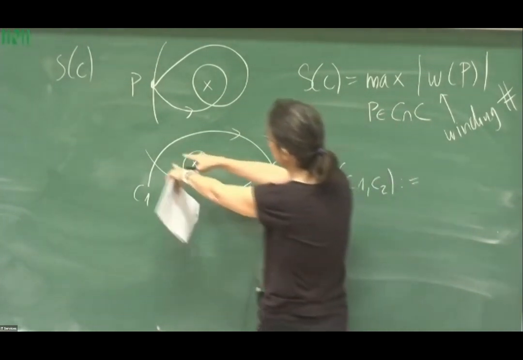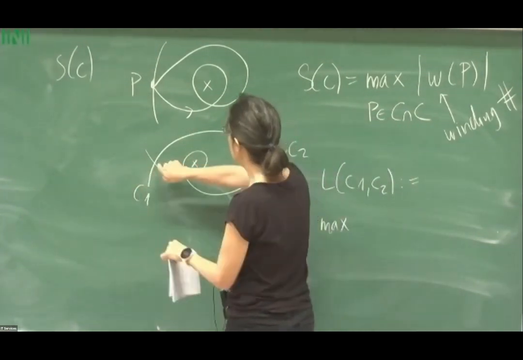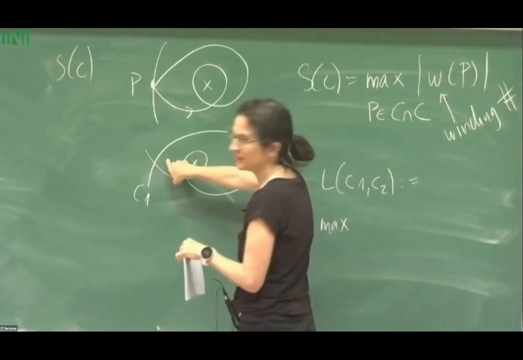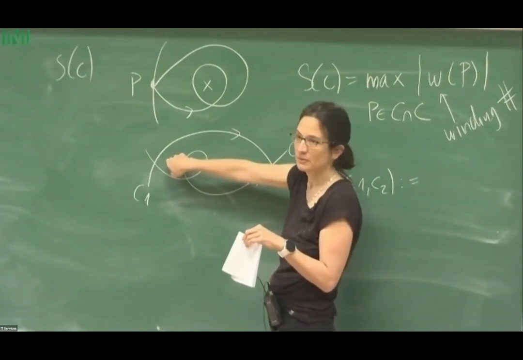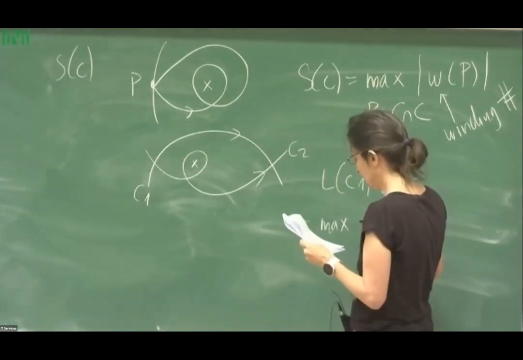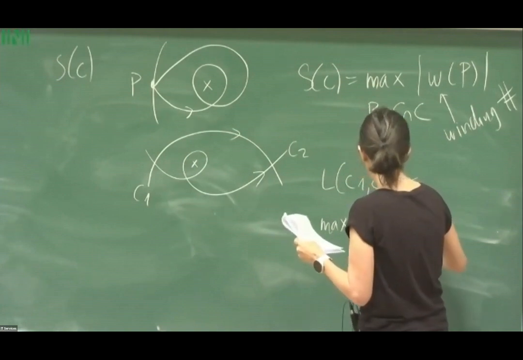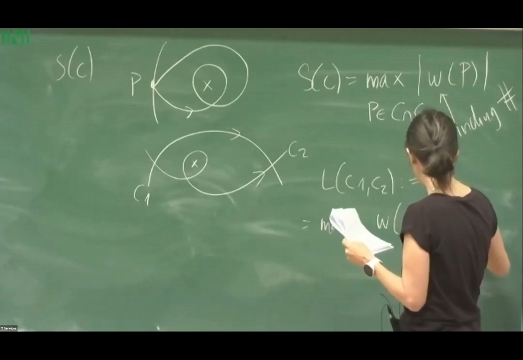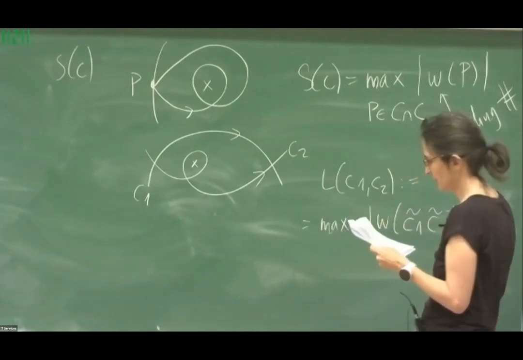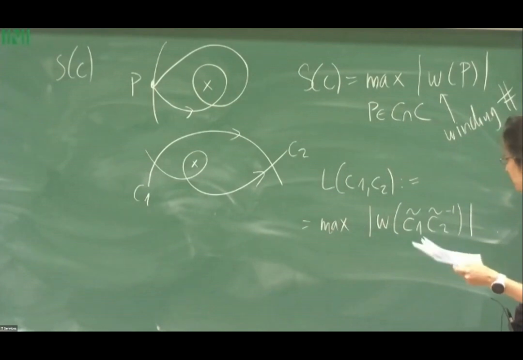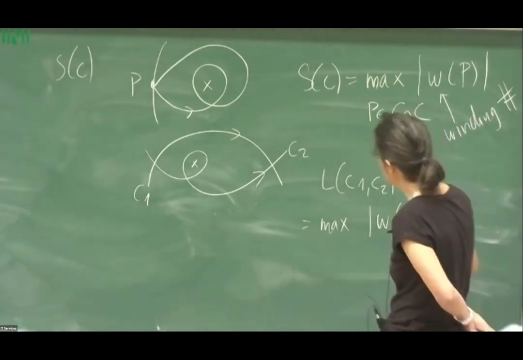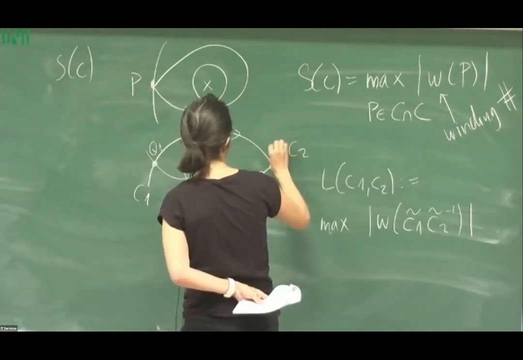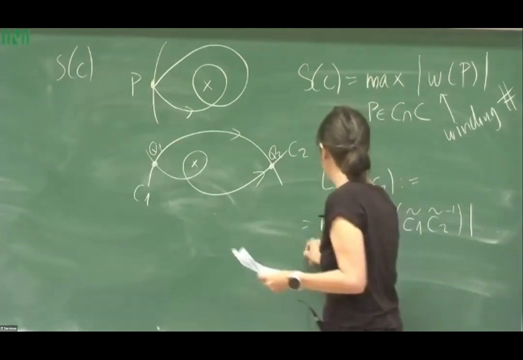Well, you look at subpaths which form a closed loop. So here I could go along C1 and then backwards along C2. And then I look at the winding number. So I take the winding number of C1 tilde, C2 tilde inverse, again the absolute value, where C1 tilde and C2 tilde would be between two points of intersection, Q1, Q2.